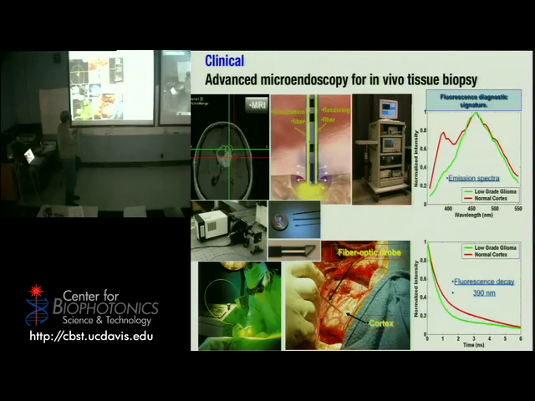And light goes in, it shines around the tissue and some light comes back in the receiving fiber. And you can look at, here's the wavelength, and here's the intensity of light. So this is the fluorescent diagnostic signature. So you shine a certain color of light in, and you look at the light that comes back. If you have normal cortex, normal brain, you get this pattern of intensity coming back.